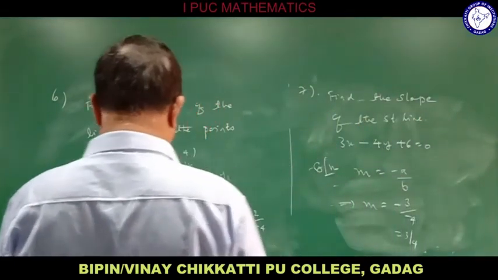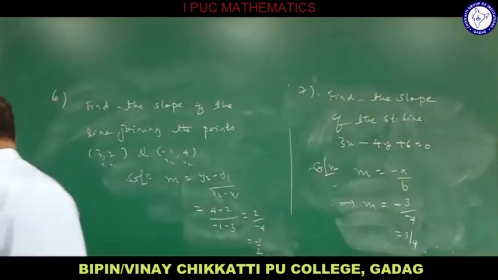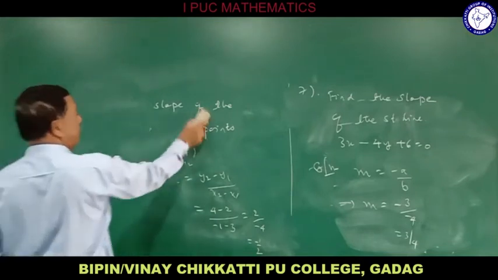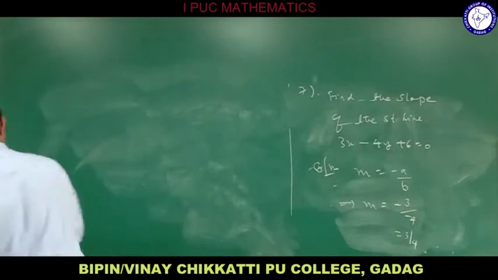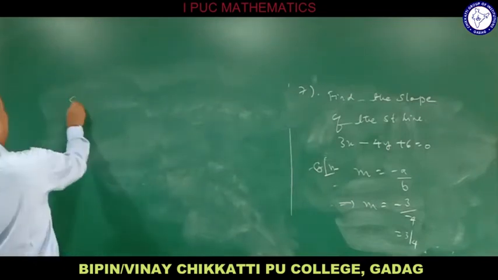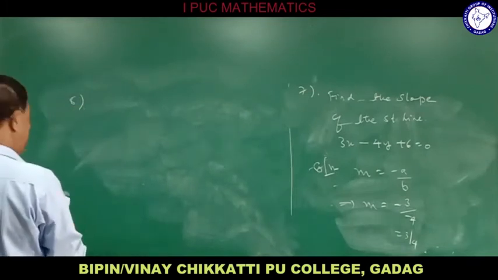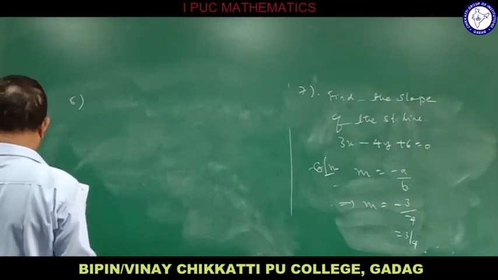Now I want to look at question number 8. We will see what the problem is here. Already 7 question papers have been seen. Now let me look at the 8th question paper and see what the problem is.